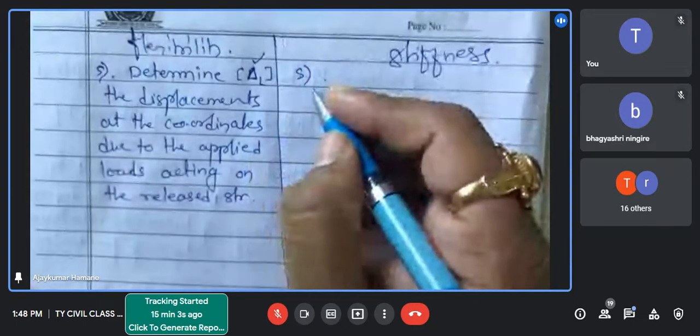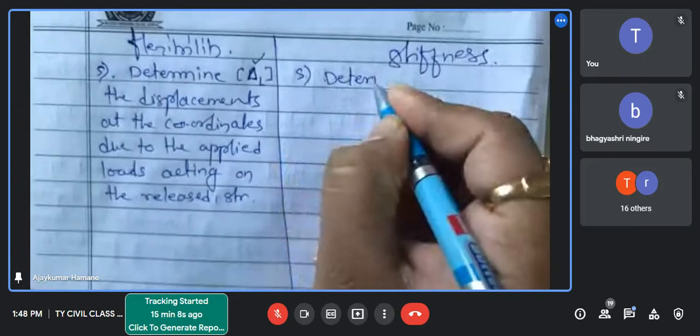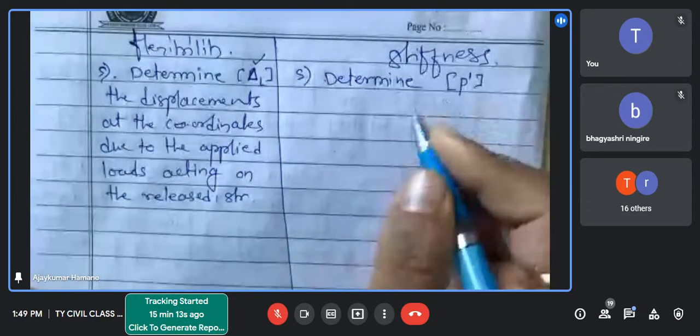What we have to do in the stiffness method? Here we have to determine P dash. What is P dash?